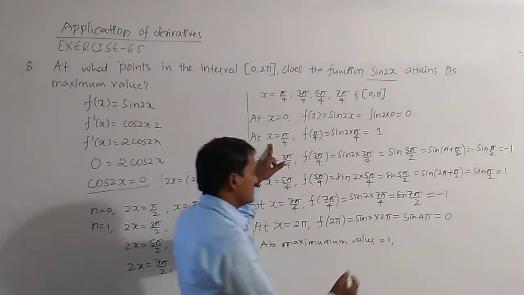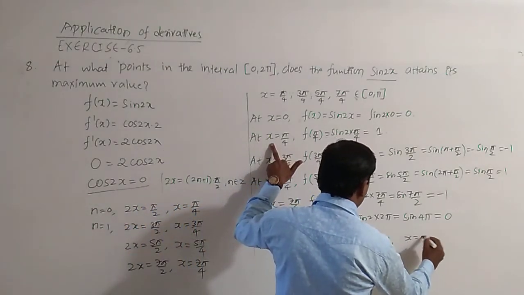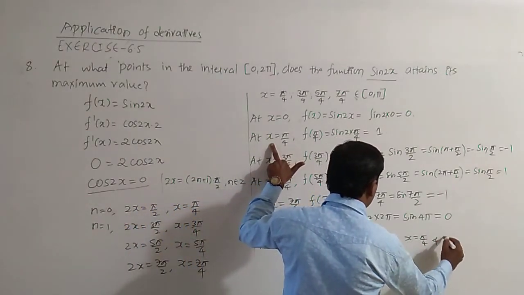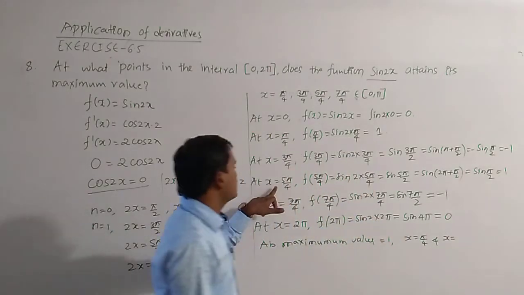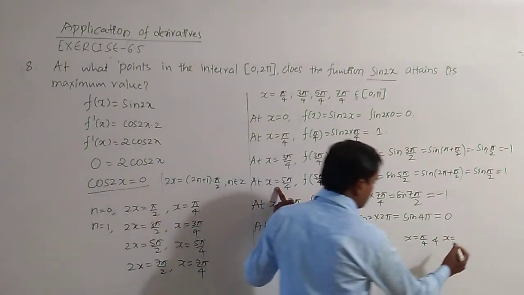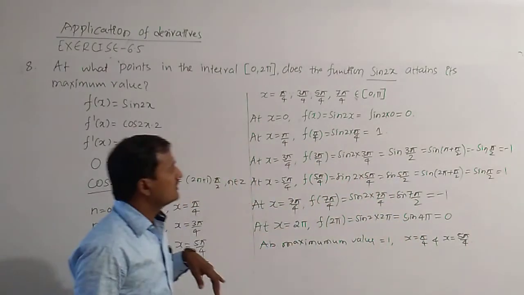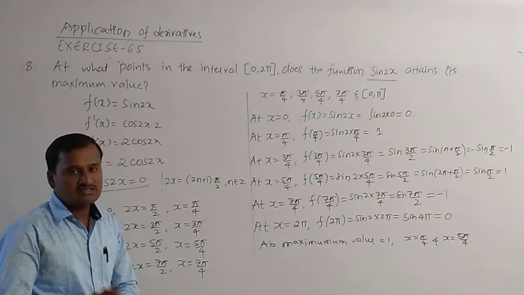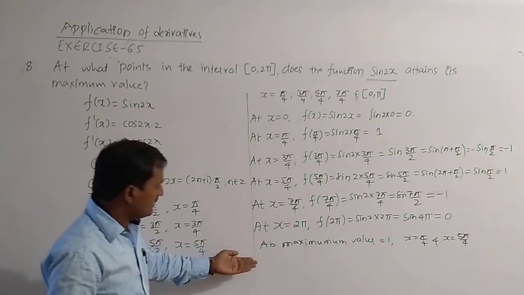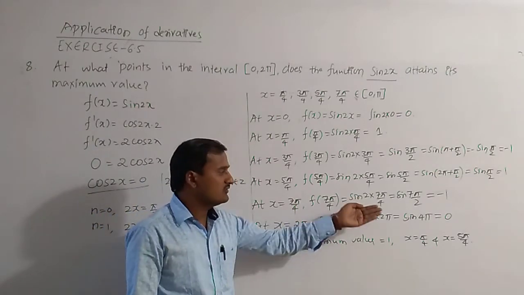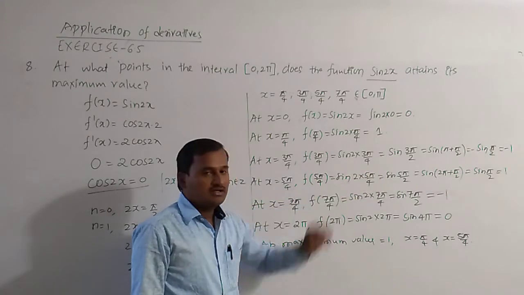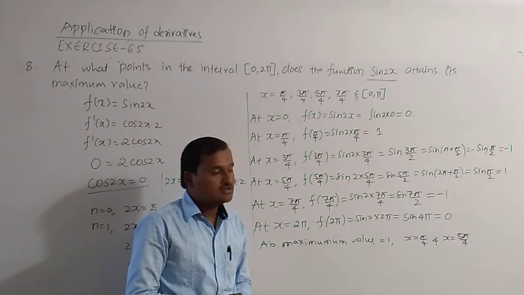That is x equal to pi by 4, also 1. So at this point the given function f of x equal to sine 2x is the maximum. And similarly, we will write the absolute minimum value, that is equal to minus 1 at the given critical points. Okay.